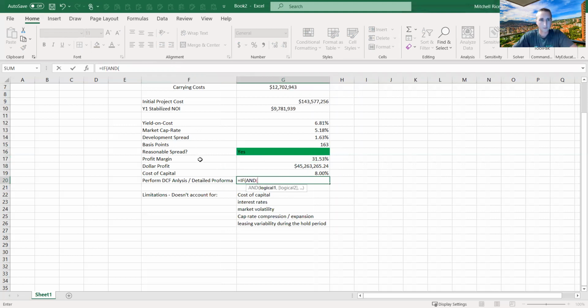If our profit margin is greater than the cost of capital, and if our developer spread is greater than 150, then we're going to say get underwriting. Else pass on the project.